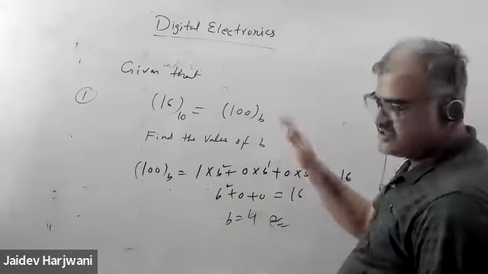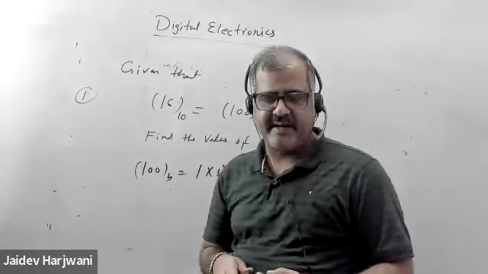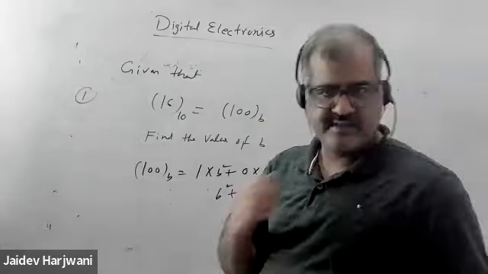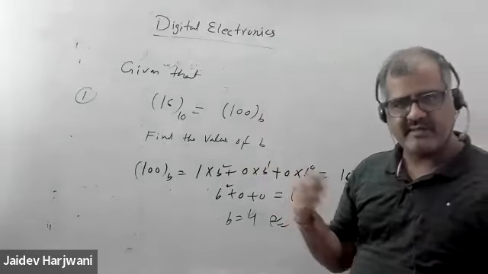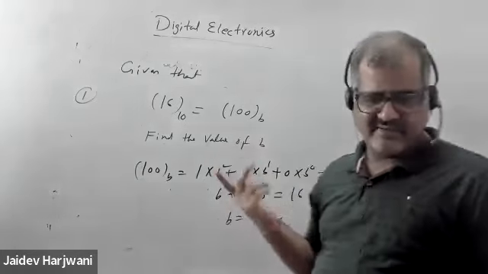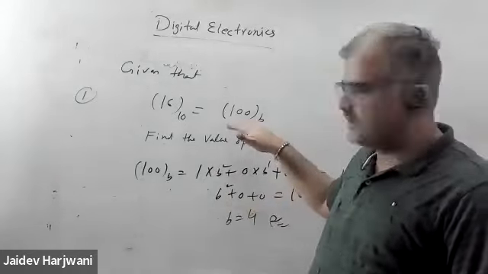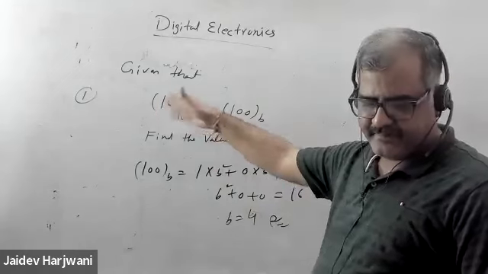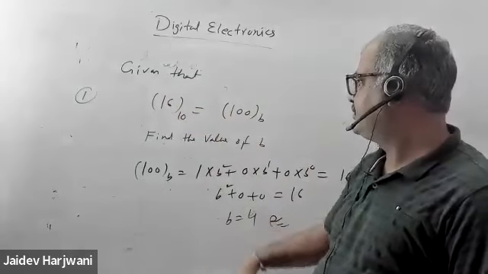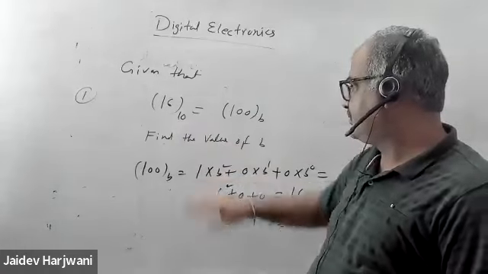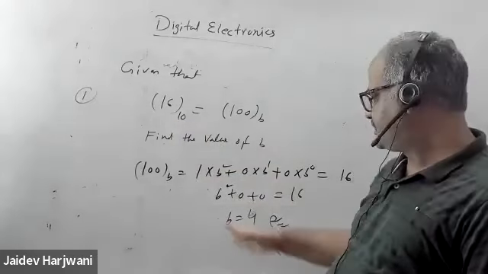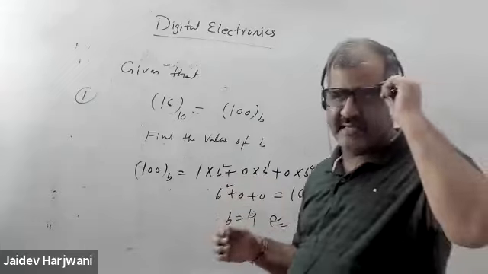So here I have written 100. That doesn't mean it is a binary number system. 1 or 0 exists in every number system. Octal also has 10, hexadecimal also has 10. A number system can be anything.